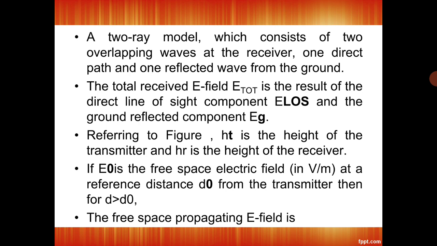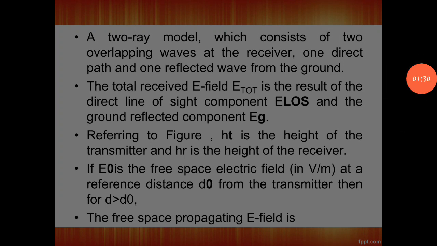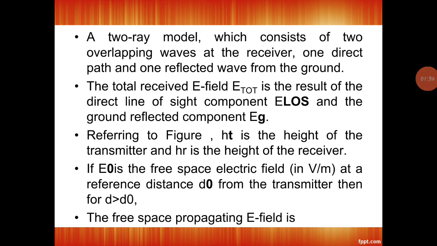The two-ray model consists of two overlapping waves at the receiver, one direct path and one reflected wave path on the ground. So the total received E field, that is E total, is the result of the direct line of sight component E LOS and the ground reflected component E g.